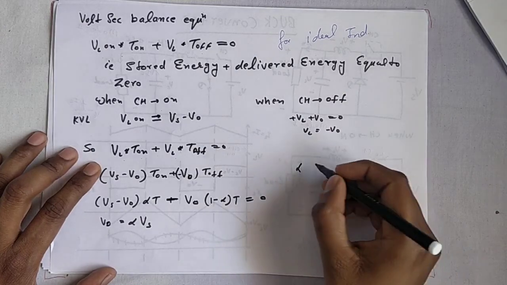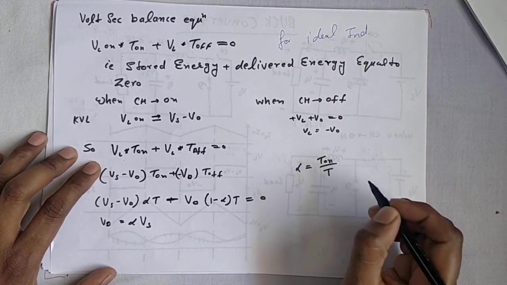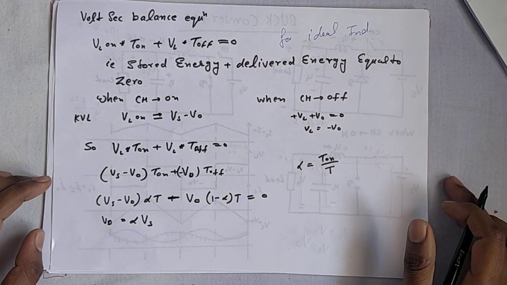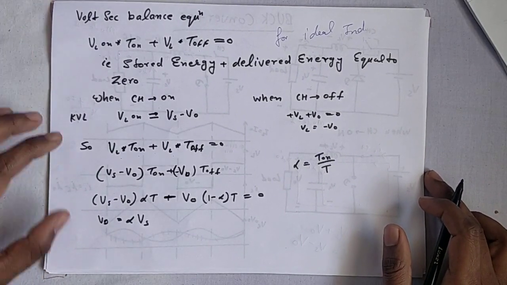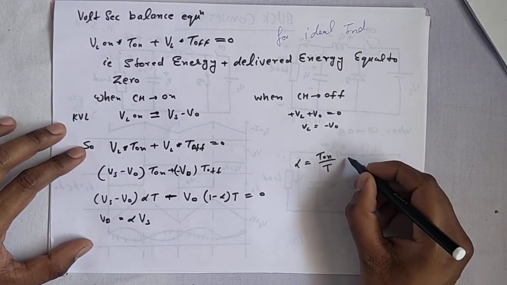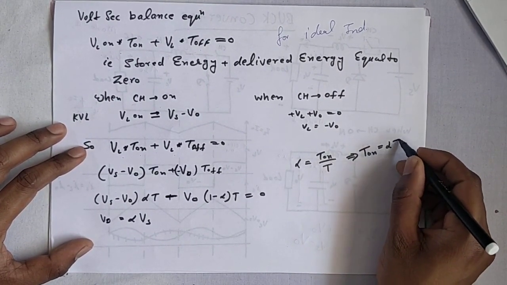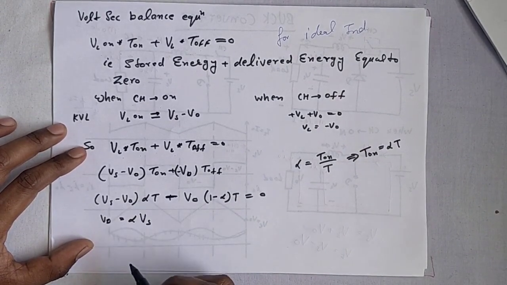Suppose alpha equals T on divided by T. We derived it in the type A chopper. You can see that lecture for how it is derived. So from this you can write T on equals alpha into T.